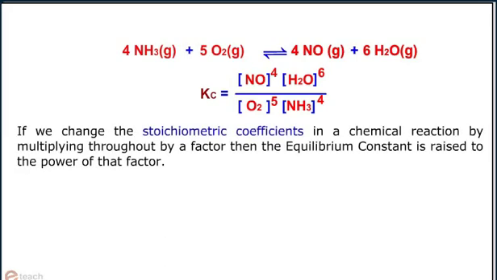If we change the stoichiometric coefficients in a chemical reaction by multiplying throughout by a factor, then the equilibrium constant is raised to the power of that factor.